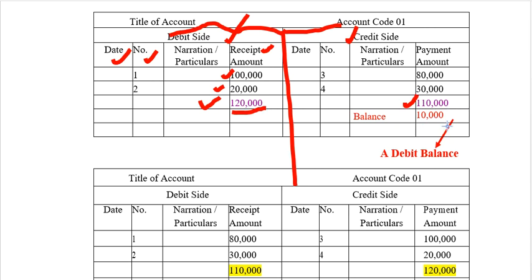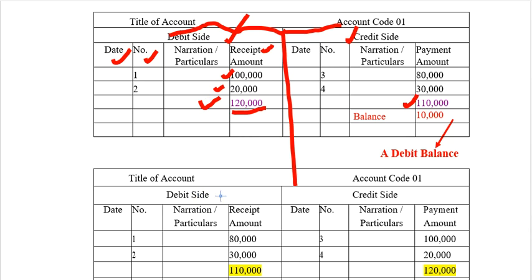We write the 10,000 to do the balancing; both sides will be balanced if you write the 10,000 there. And it is the debit balance, and we will always call it the debit balance because 120,000 minus 110,000 is 10,000. On the debit side 10,000 is the excess, the extra amount.